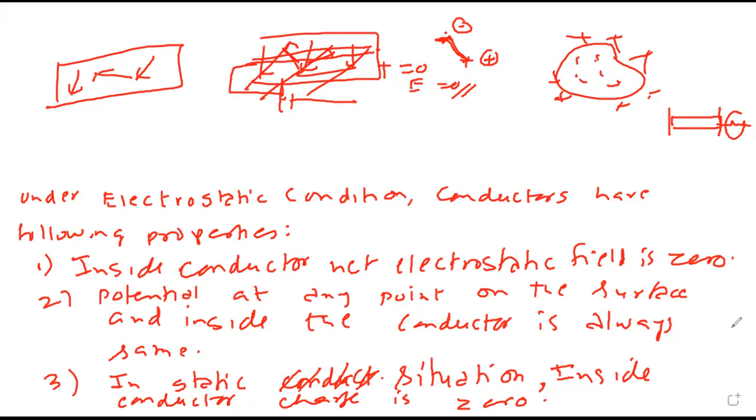Written all three points? So the electric field inside the conductor is zero, potential is constant everywhere, and no charge inside.